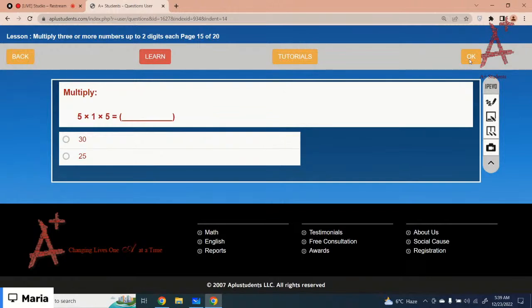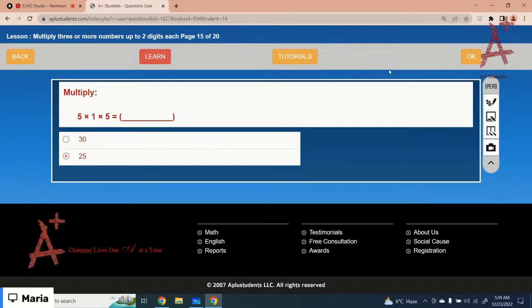Okay, then 5 times 1 is 5 and 5 times 5 is 25. Got it? So the correct option is 25.